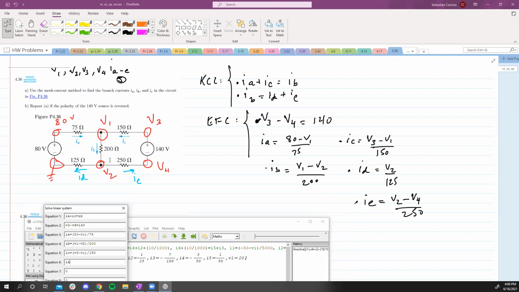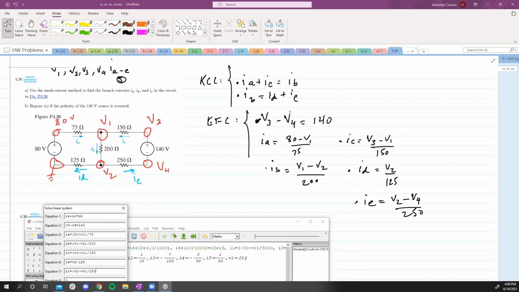ID equals IA, so I'm going to replace that instead, V2 over 125. IE equals IC equals V2 minus V4 over 250. What other equation am I missing?